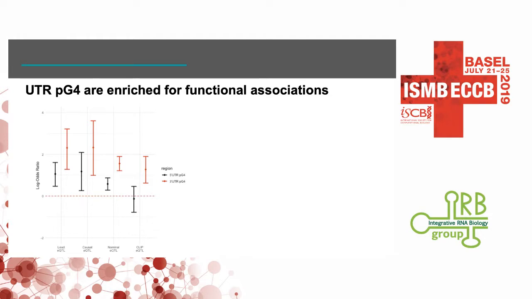We can additionally overlap RNA protein binding sites published by ENCODE with these G-quadruplex forming regions, and we see that within 3' UTRs specifically, there appears to be an enrichment of cis-eQTLs that are also interacting with RNA binding protein binding sites, suggesting that variation in these regions can modulate changes in gene expression by changing protein-RNA interaction dynamics.